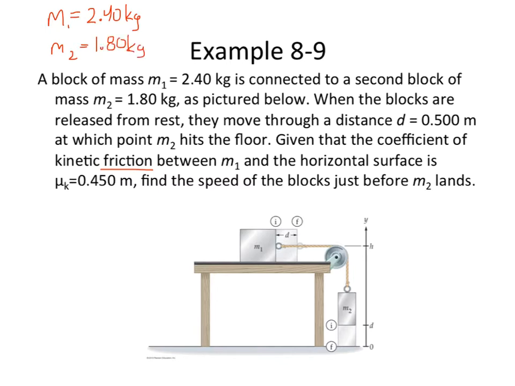They move through a distance d equals 0.500 meters, half a meter. And we're also told that the coefficient of kinetic friction equals 0.450, with no units. What we want to find out is the speed of the blocks just before m2 hits the ground. So the final velocity of the system is what we're solving for.